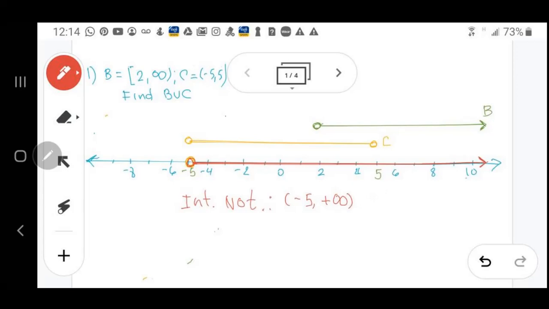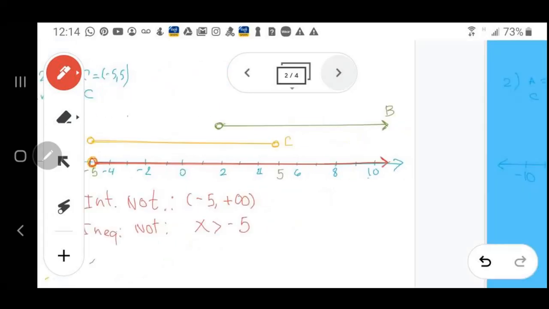The infinite is never included. And the inequality notation: all the values are on the right of -5, so the inequality notation will be x must be greater than, just greater than, because -5 is not included, x greater than -5. And this will be the solution of the first exercise in the math practice.